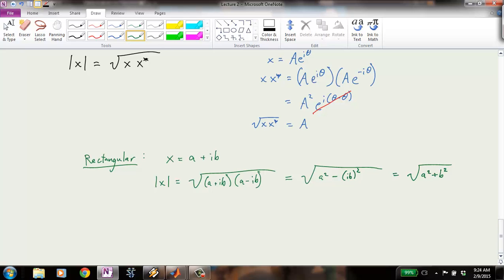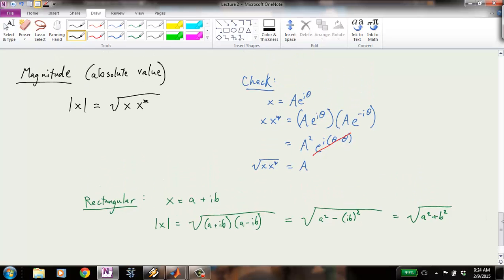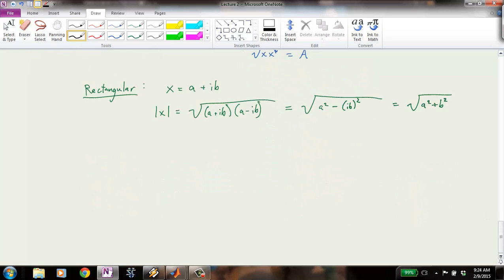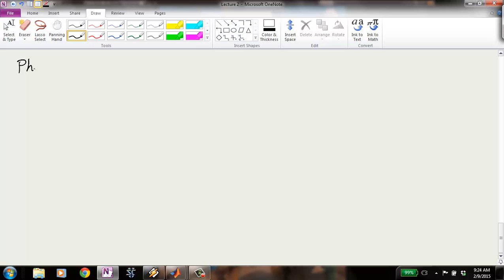What about the phase? So the phase of a number can be calculated as well. We did magnitude here, so let's go down and do phase. So here we would have that theta is expressed as an arctangent.